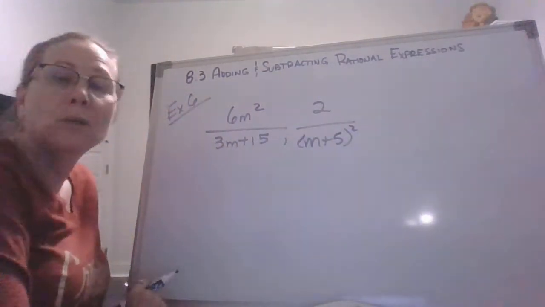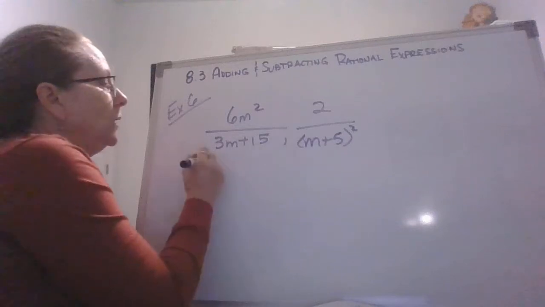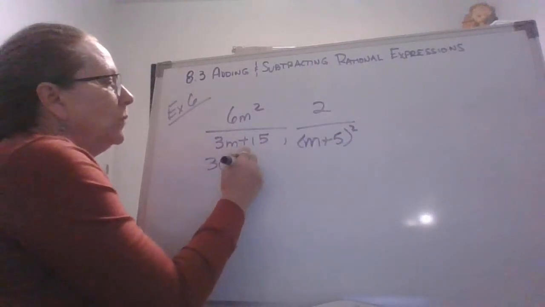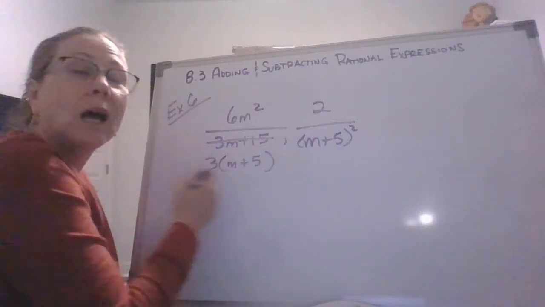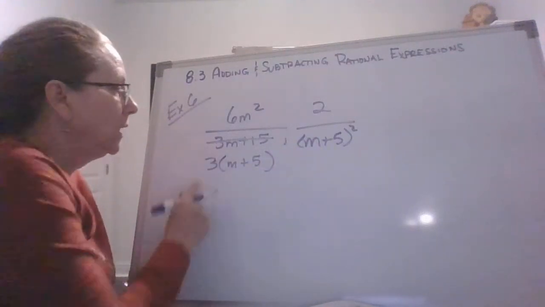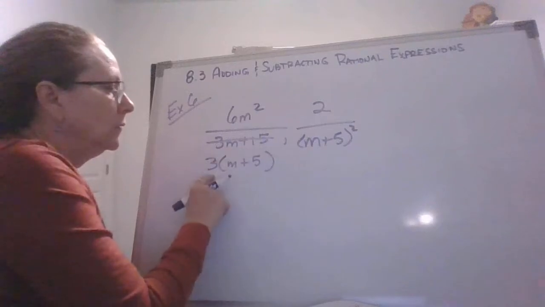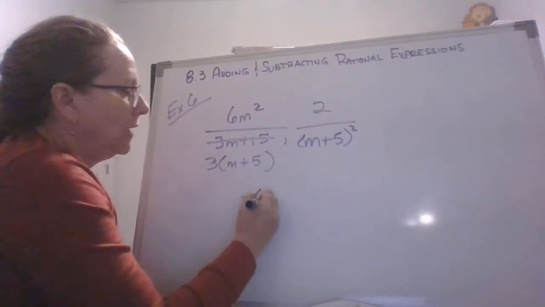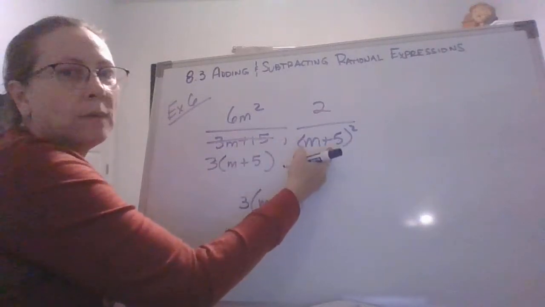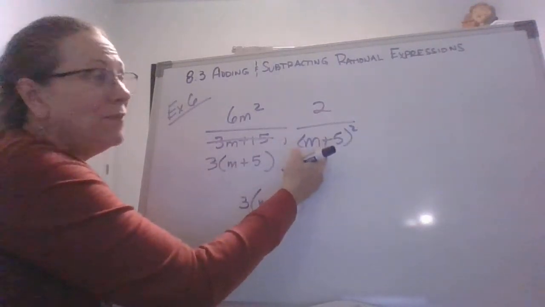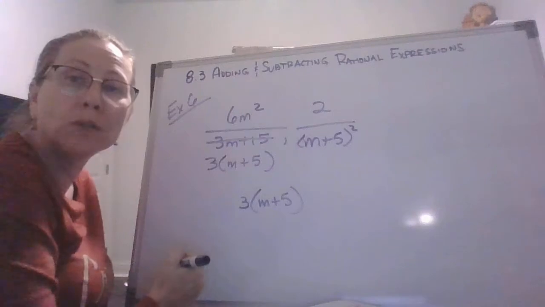So here we do need to factor. We can take out a 3 and we have m plus 5 left, which makes sense because now we have a common factor, m plus 5. So I've got a 3, I have m plus 5. Well, I'm not going to use it again, except for the fact that this is an exponent of 2.